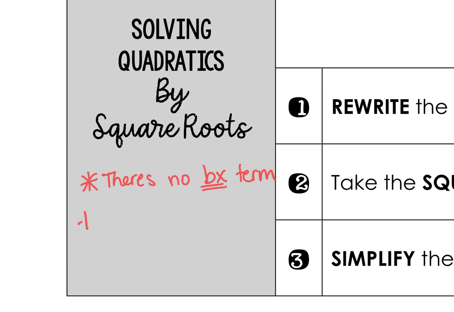Or if your quadratic is in vertex form. So if there's no bx term, or if your quadratic is in vertex form, it's going to be quickest if you are solving this using the square root method, using square roots.